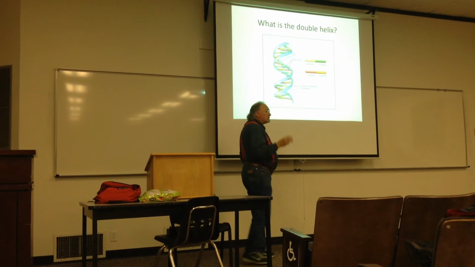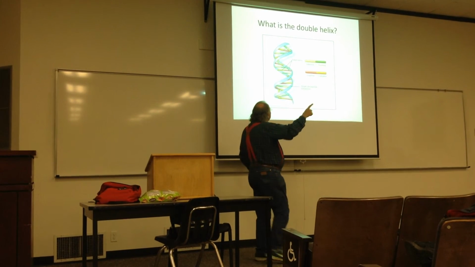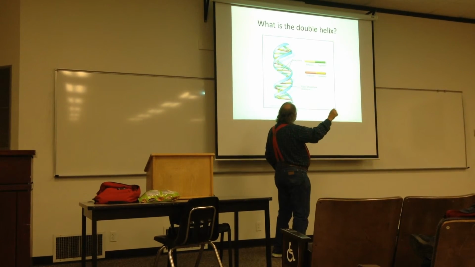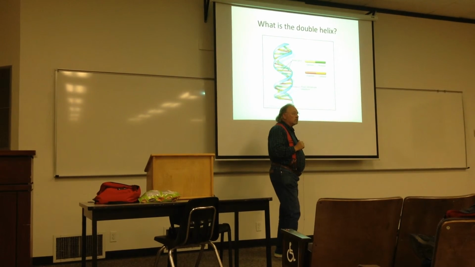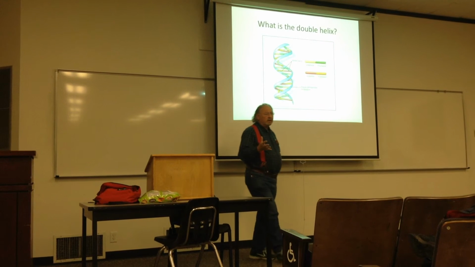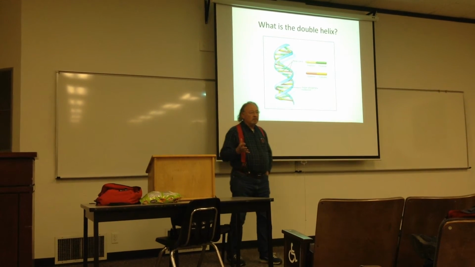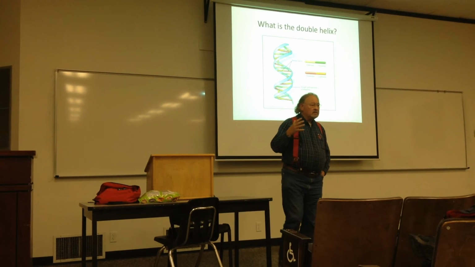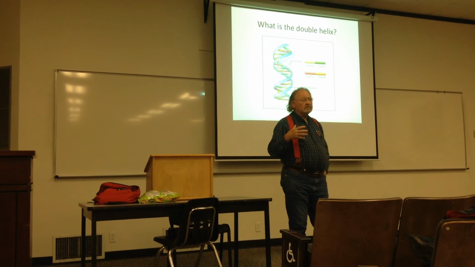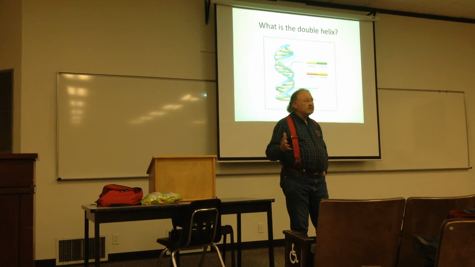And there were four bases only: adenine, thymine, guanine, and cytosine. It was a very simple setup. This is how genes work in humans, in chimpanzees, in fish, in broccoli, in bacteria. It's the same system.